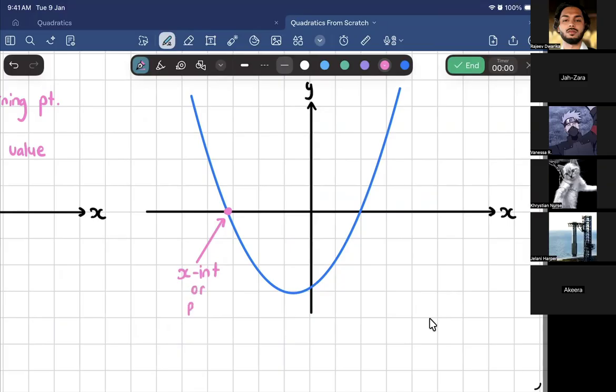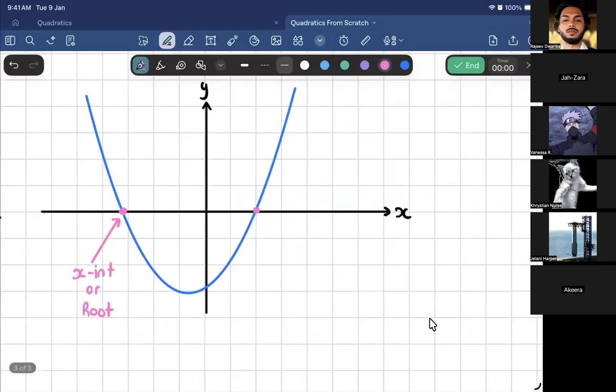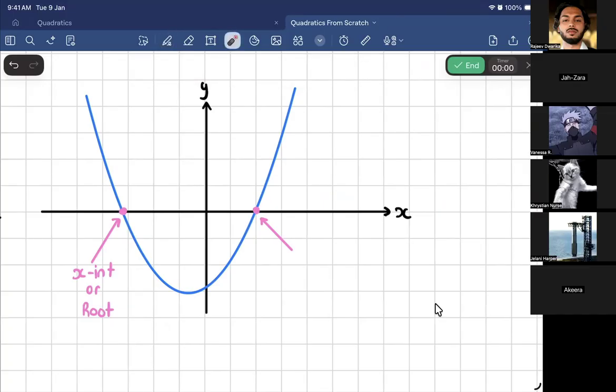Or you could call it a root. All right, Jazara, redeem yourself. What would you call this? Nah. So Jazara, do we understand that this is the y-axis? That whole thing there is y.